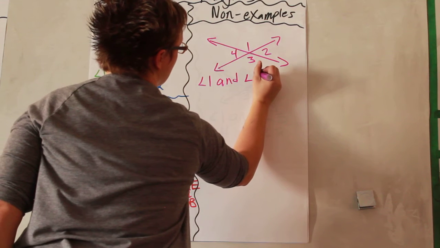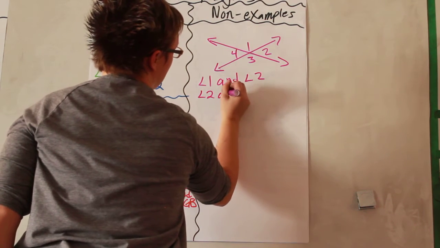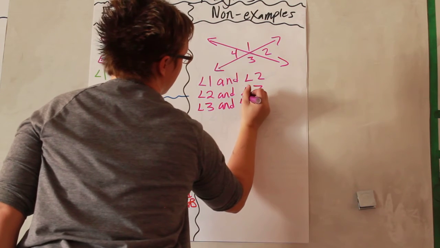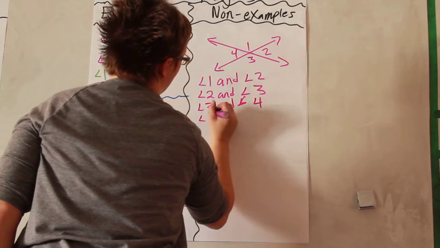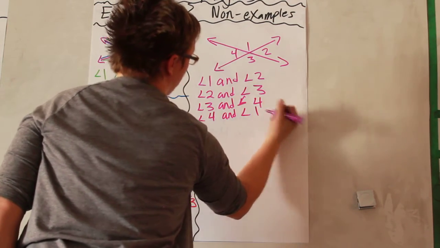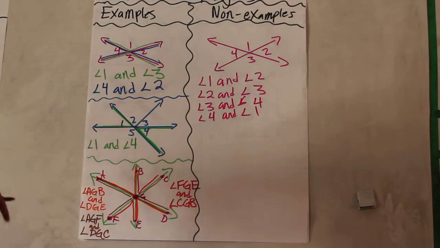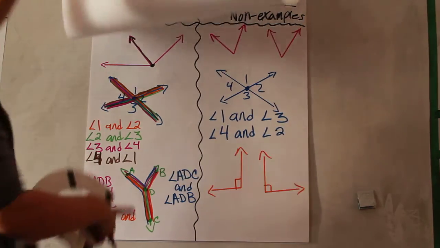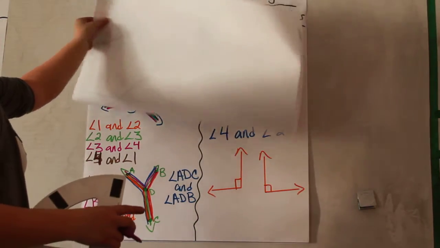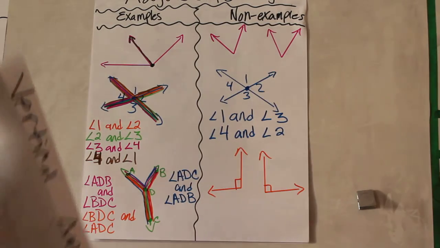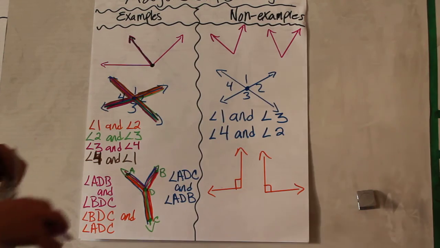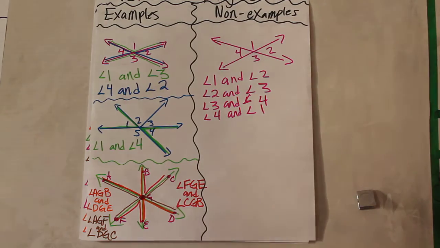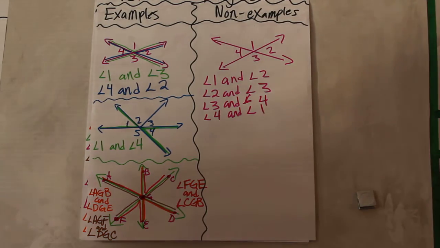Angle 1 and angle 2, angle 2 and angle 3, angle 3 and angle 4, angle 4 and angle 1. If you take a look at these ones, you'll notice that they are the same ones that we said are adjacent angles. So adjacent angles and vertical angles are never the same thing.